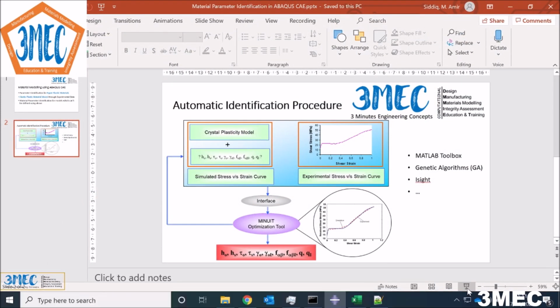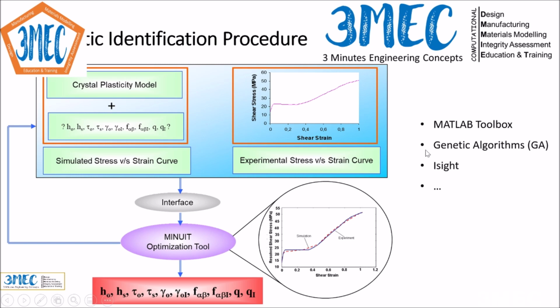So from that perspective, this is one of the examples from our work in my research group some long time ago, but we are still using it. In this case we use a crystal plasticity model, and again you can see we had a huge number of parameters there. We need to simulate the stress strain curve.